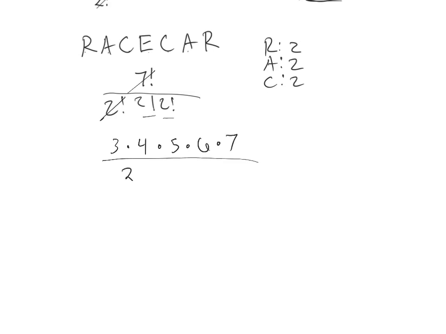So this is 2 times 2, which will reduce with the 4 to make 1. So we actually only have 3 times 5 times 6 times 7 as the number of permutations, which is only 630 different permutations of the word racecar.